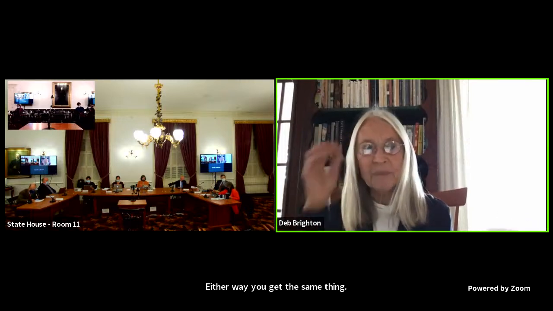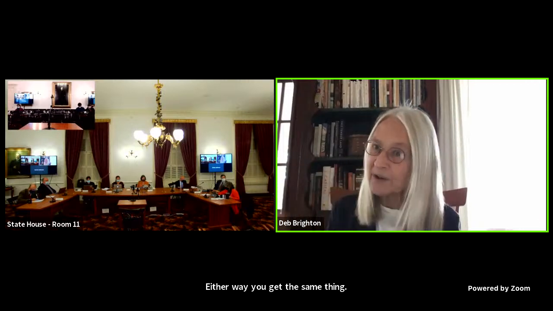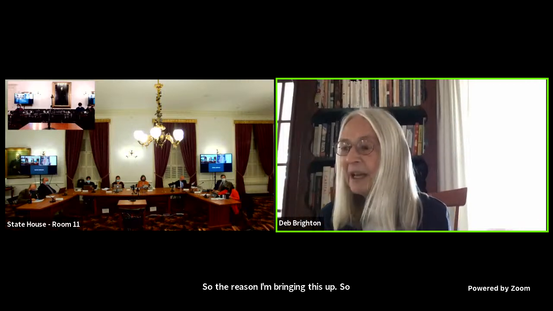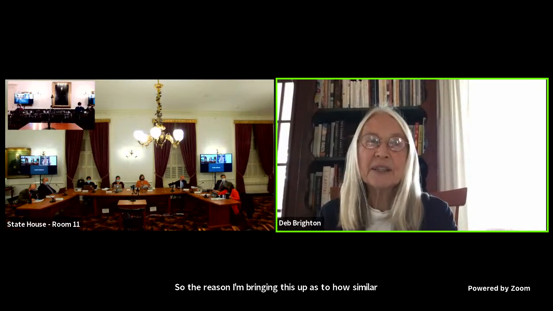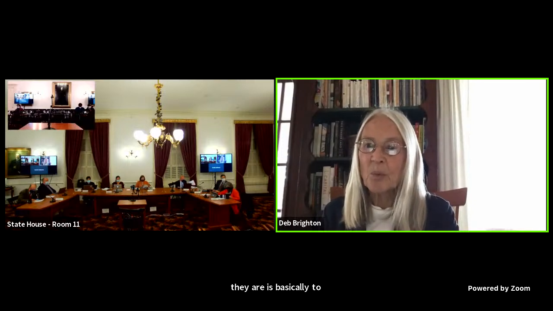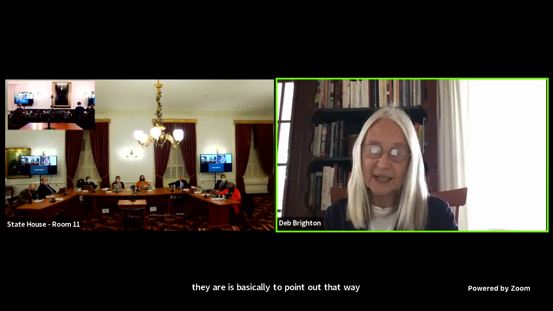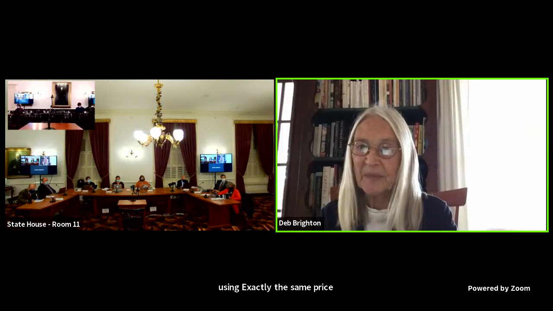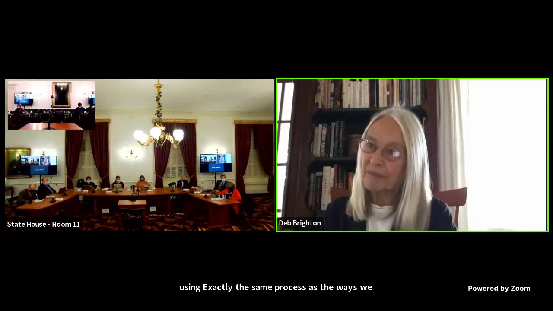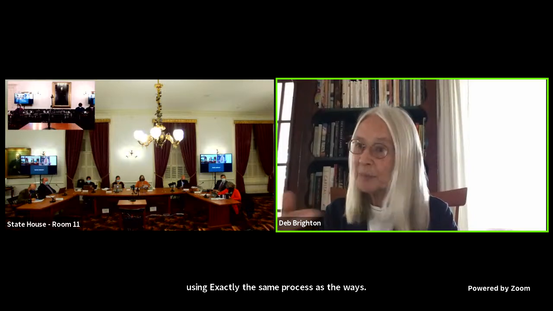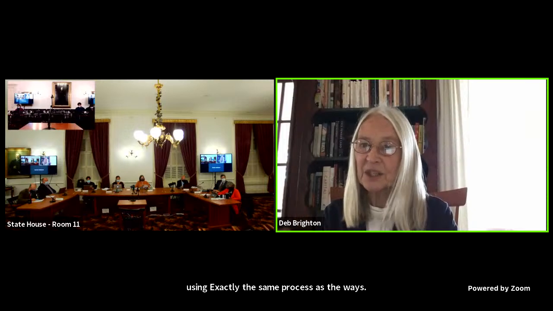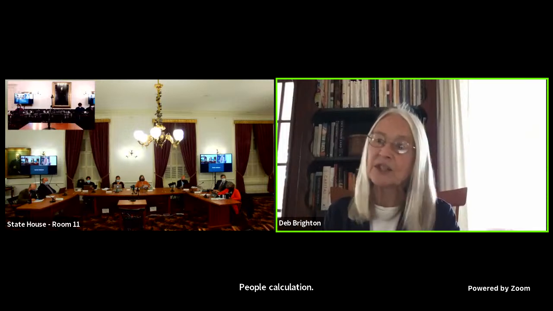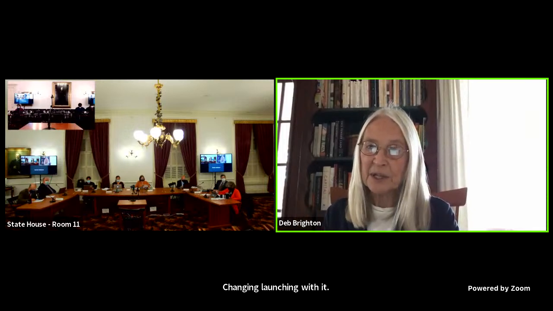So the reason that I'm bringing this up as to how similar they are is basically to point out that we can do this using exactly the same process as the weights without bothering to go through the pupil calculation, changing long-term weighted pupils and then turning it into equalized pupils.